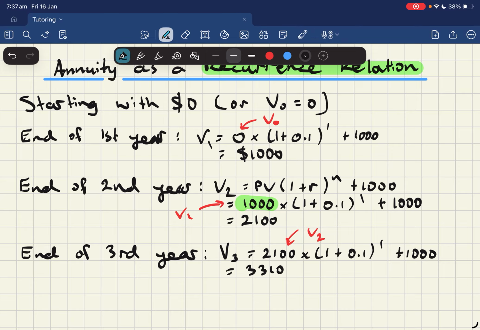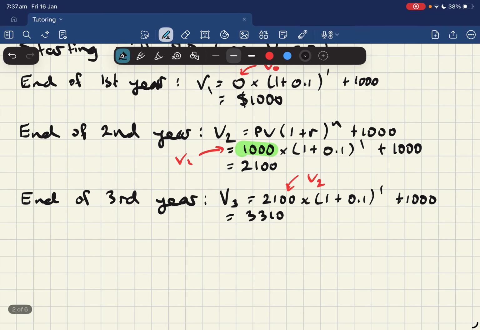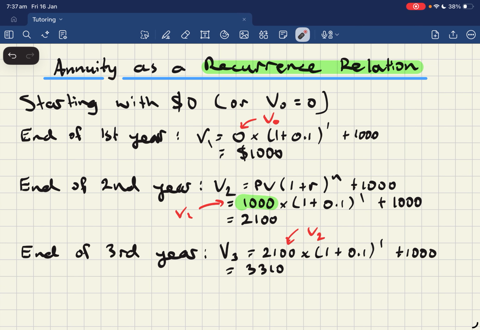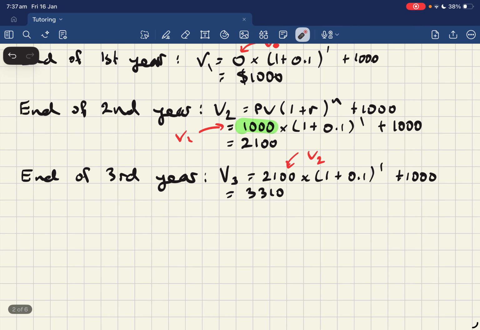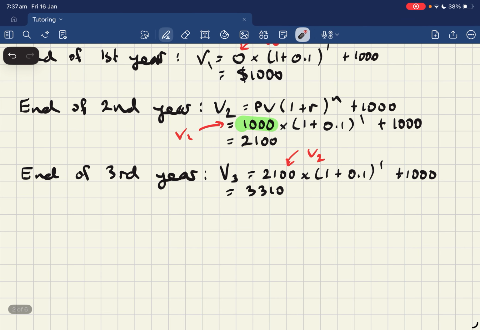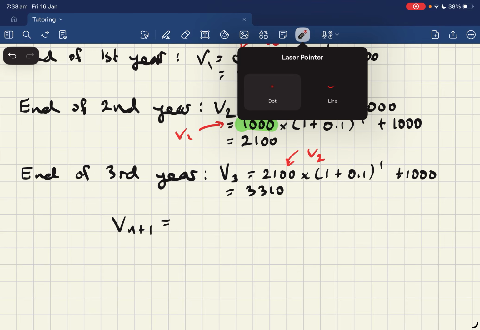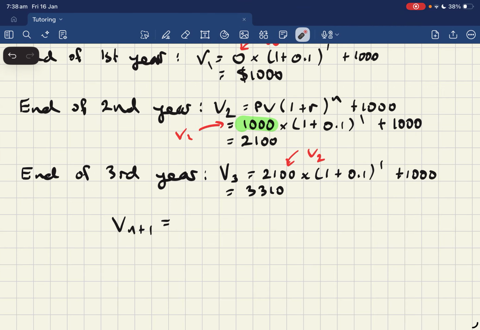So if we wanted to formalize this pattern, let's compare V3 to V2. To find the value at the end of the third year, I'm going to call this V3, but I'm going to write it as V of n plus 1. I'll explain why I'm calling this that in a moment. Now, the n here is from the previous year.